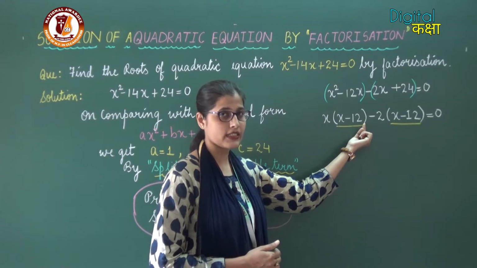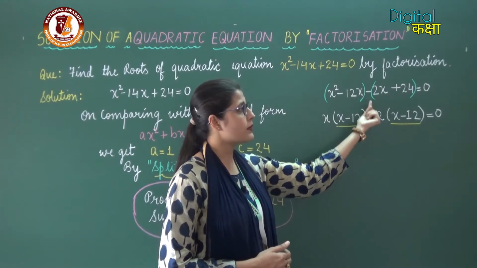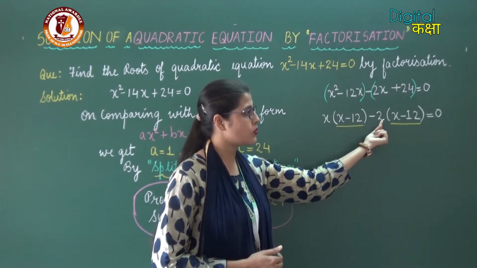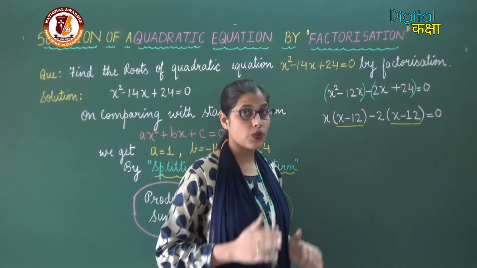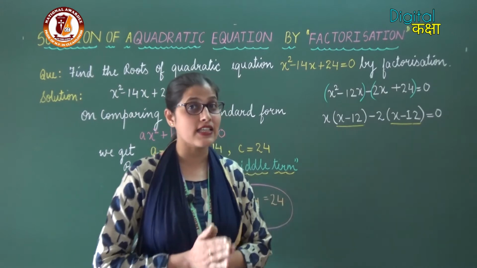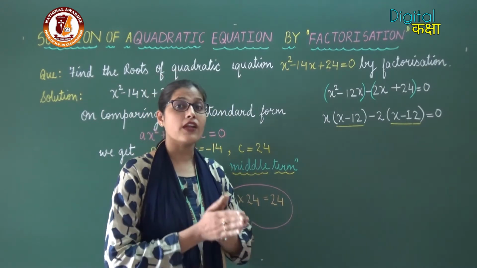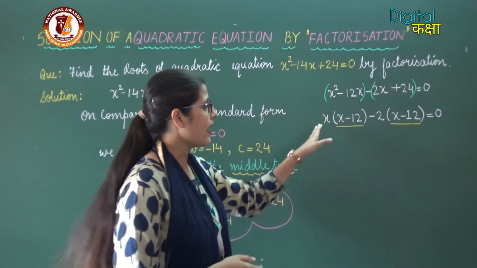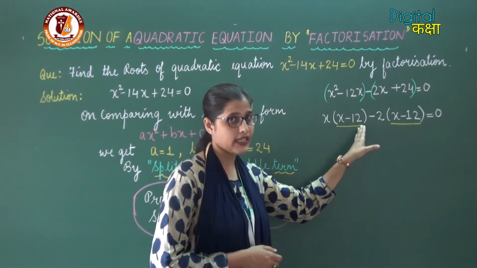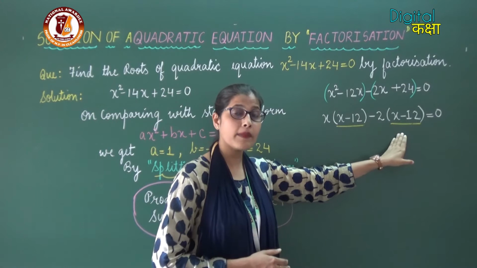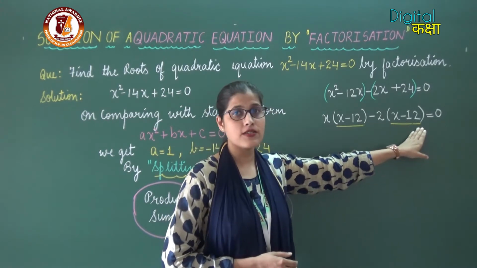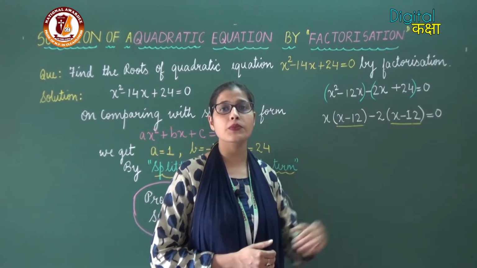We will close the bracket. Now, we will be taking out minus 2 as the common factor for the second group. So, on simplifying like this, we are getting our equation as x multiplied by x minus 12 minus 2 multiplied by x minus 12, which is equal to 0.